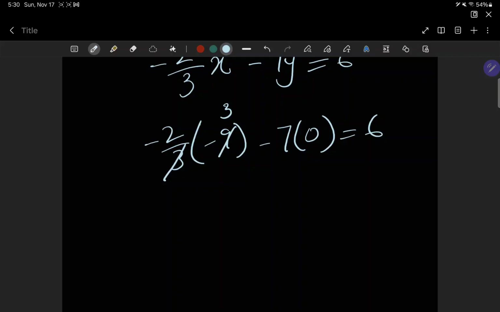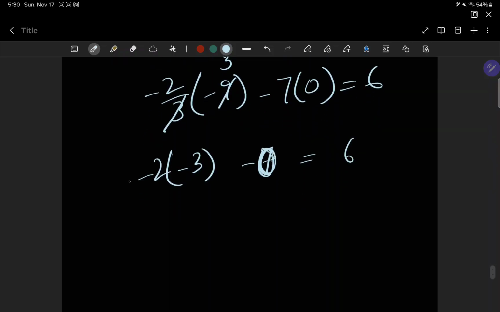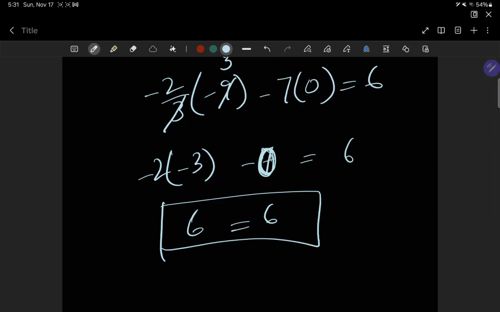That's times 3. Minus 2 times minus 3, minus 7, oh, sorry, not minus 7. It's a 0. Anything times 0 is 0 equals 6. Negative, negative, when you multiply them, it becomes positive. So 6 equals 6. So the answer is correct.